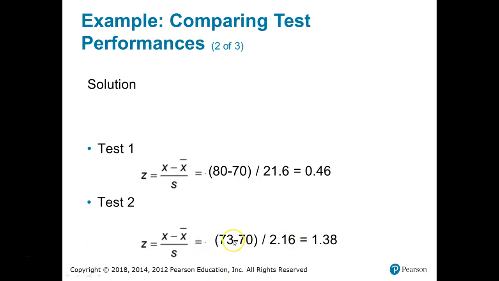Why? Because 73 is 1.38 standard deviations away from the mean, whereas 80 is only 0.46 standard deviations away from the mean.